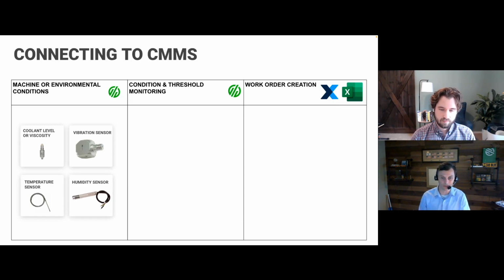Those sensors could be internal sensors on a machine itself, like sensing the load on a spindle, or it could be auxiliary equipment, such as the coolant tank or the quality of the coolant.